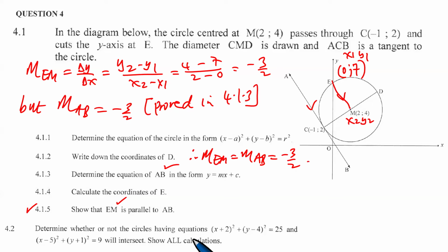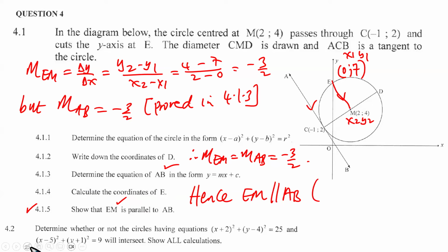So this is it. But what do we do with this gradient? Now, we have been able to conclude that the gradient of EM equals the gradient of AB, and we're able to then say hence EM is parallel to AB. Why are they parallel?